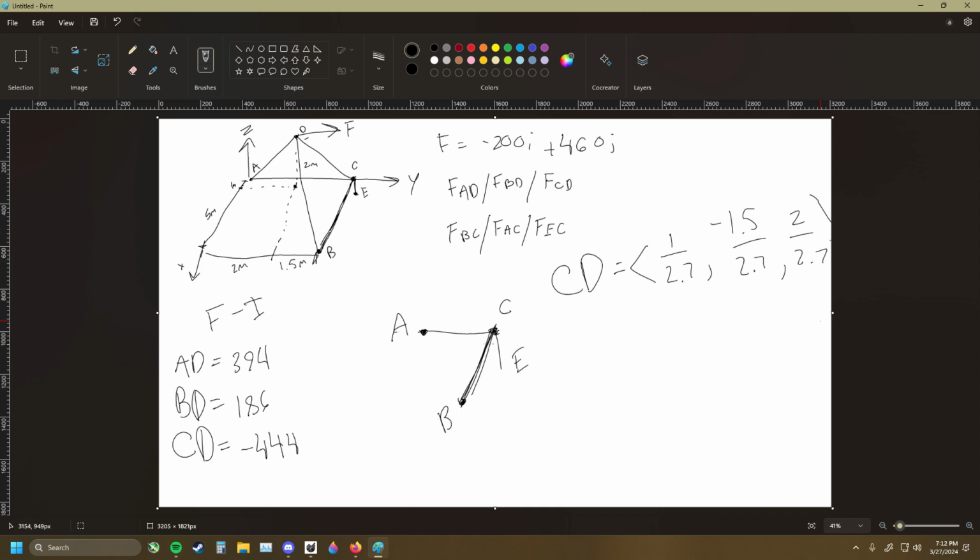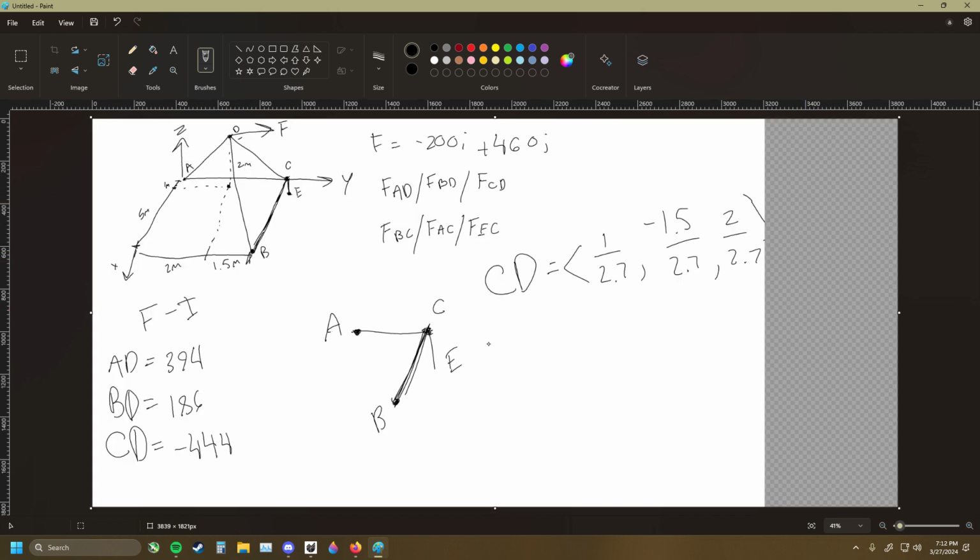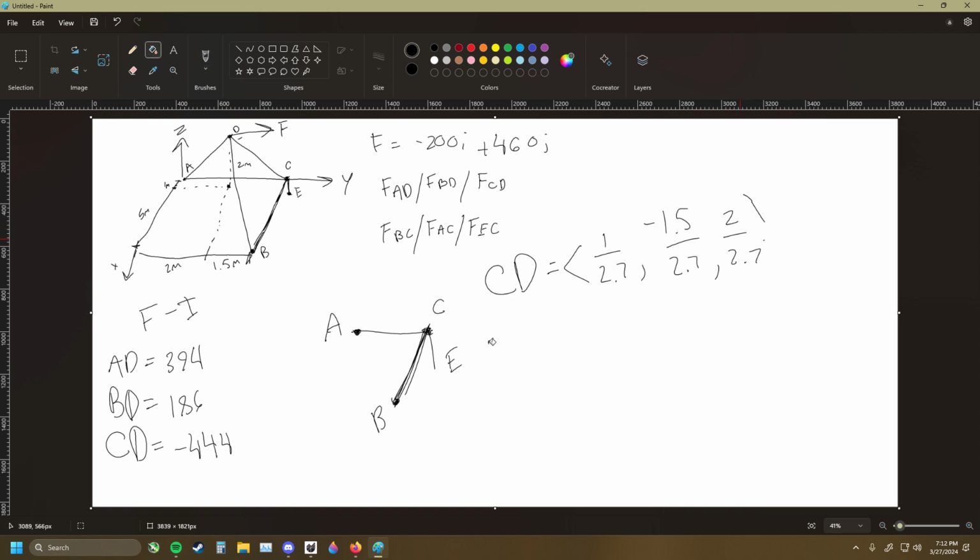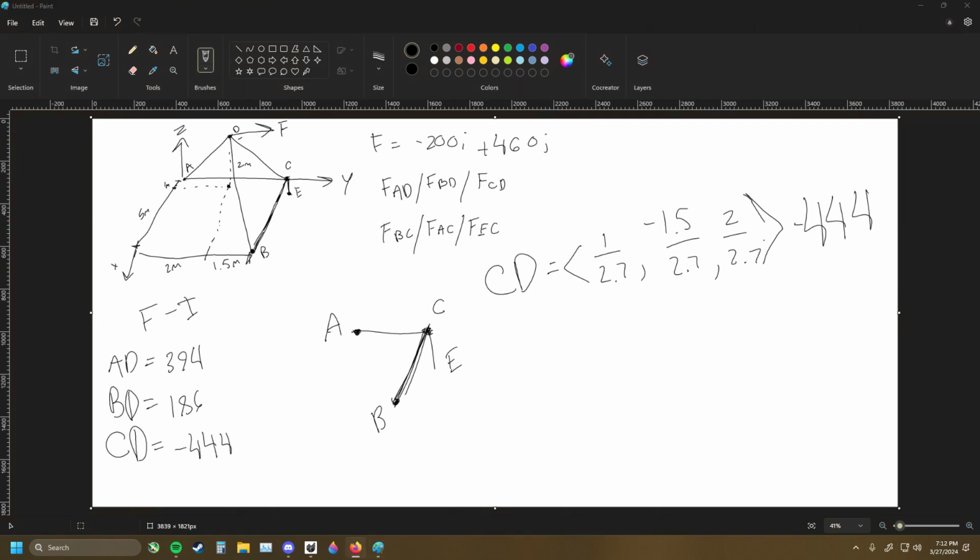Okay, and I'm running out of room again because I am writing massive. And then I forgot the times 444. So we can quickly throw this in our calculator to find our components. I'll just pull up the calculator here.